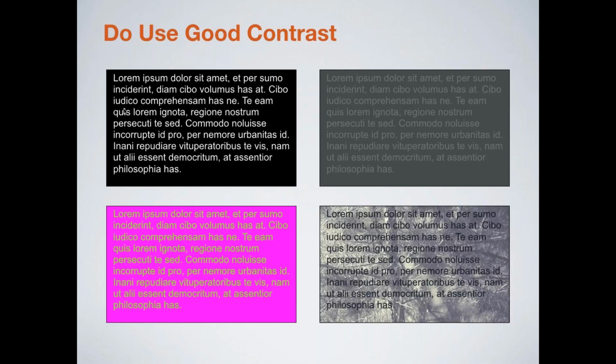So if you have the option, stick to dark text on a light background or light text on a dark background. But if you are working with images, which is what we're going to be doing in the final project and in our Photoshop projects, then you can take steps to fix that situation.